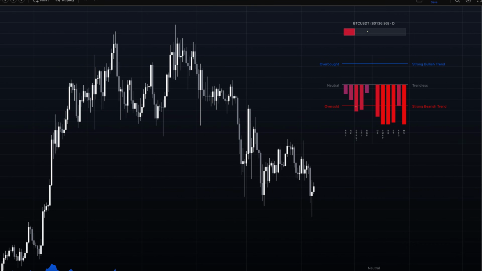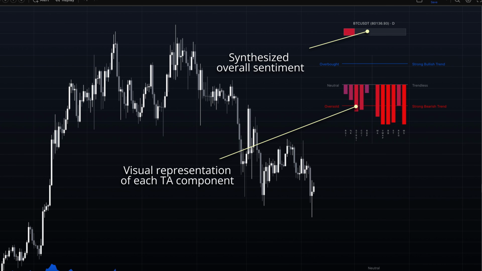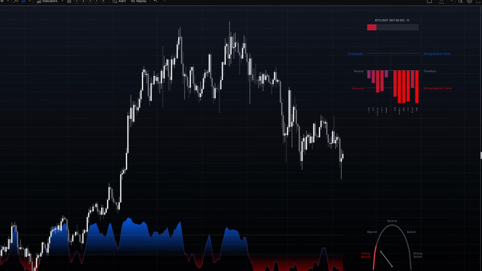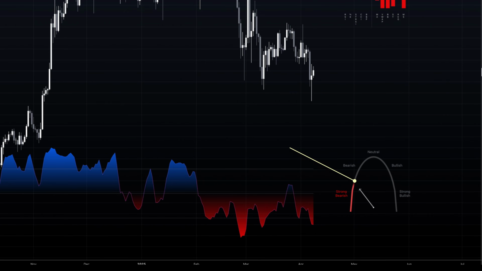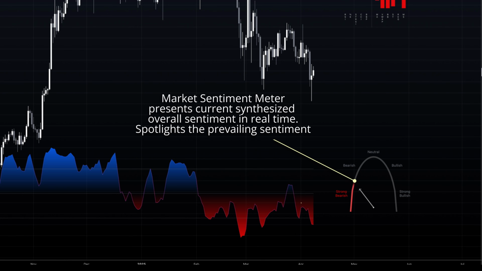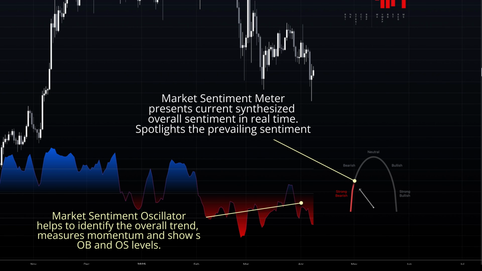The indicator creates a visual panel displaying the normalized values of these technical indicators, with color gradients from bearish, red, to bullish, blue. It includes a market sentiment meter showing the overall market bias as a gauge, and a market sentiment oscillator that tracks sentiment changes over time.